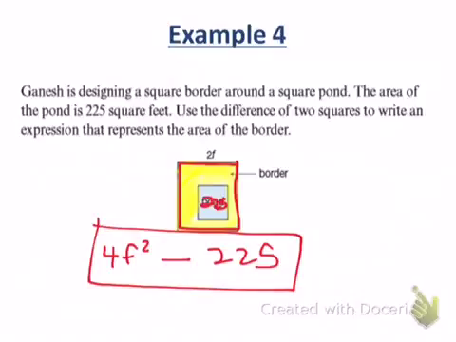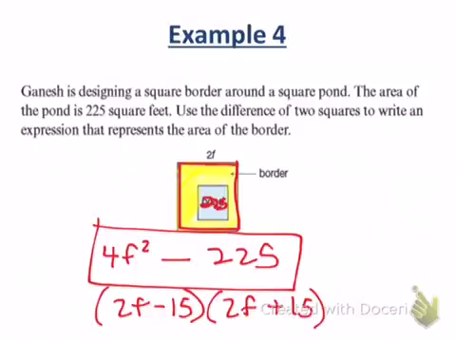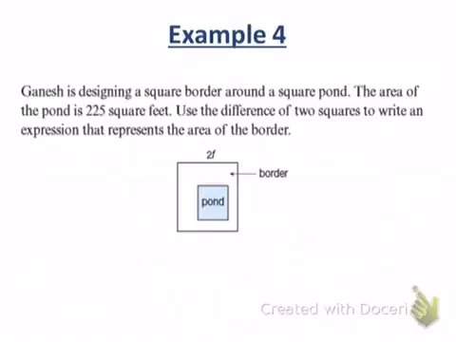The factorization of this would be 2f minus 15 times 2f plus 15. So you could write it like that.